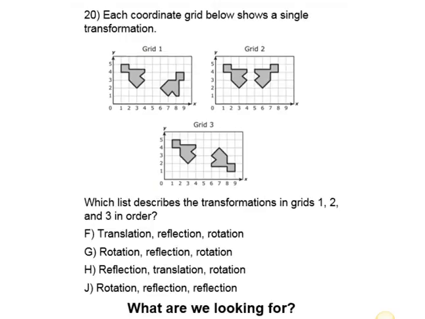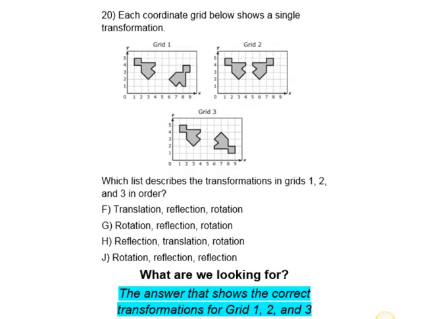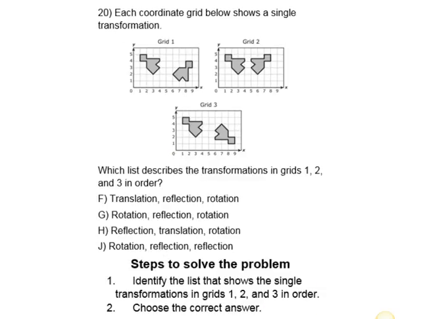What are we looking for? We are looking for the answer choice that shows the correct transformation for grids 1, 2, and 3 in that exact order. Our steps to solve the problem are the following.